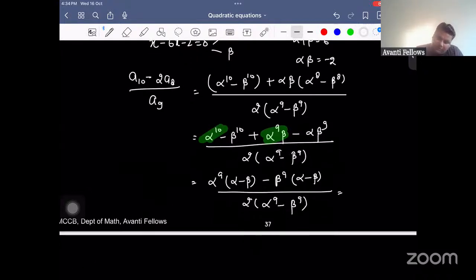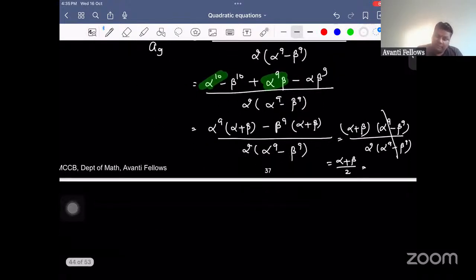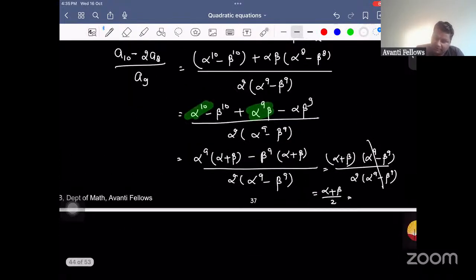Now if I take alpha to the power 9 common, I get alpha plus beta here also. So alpha plus beta times (alpha to the power 9 minus beta to the power 9) upon twice of (alpha to the power 9 minus beta to the power 9). They both cancelled. So it is alpha plus beta upon 2. Alpha plus beta is what? 6 by 2. It will be 3.